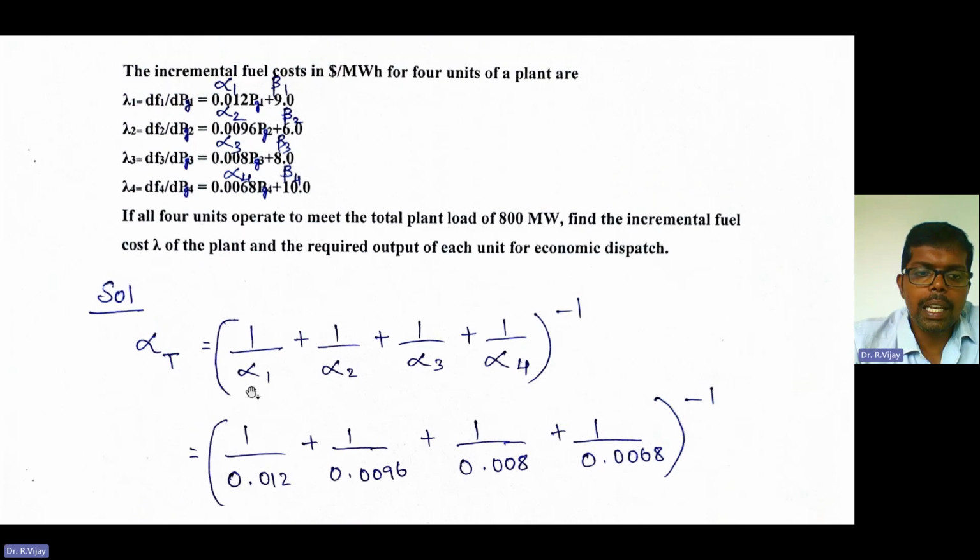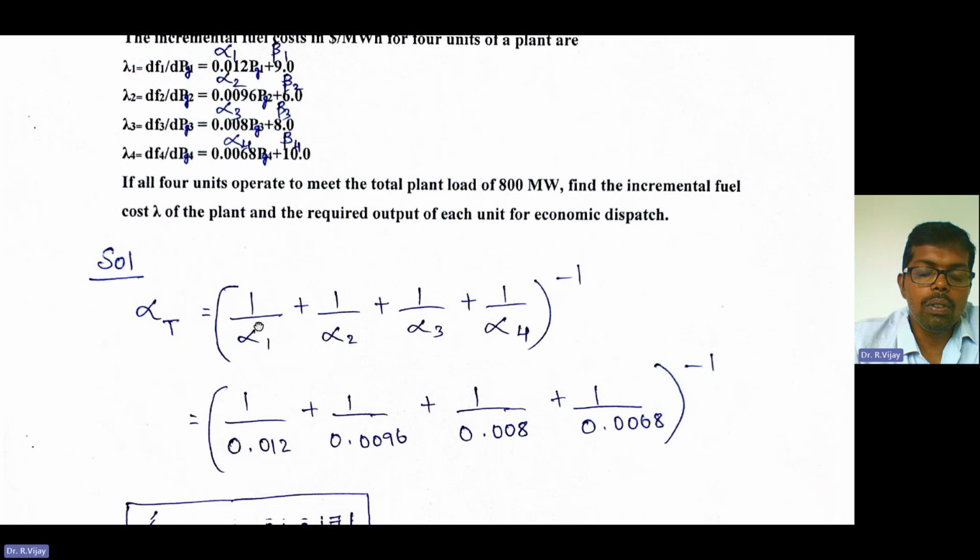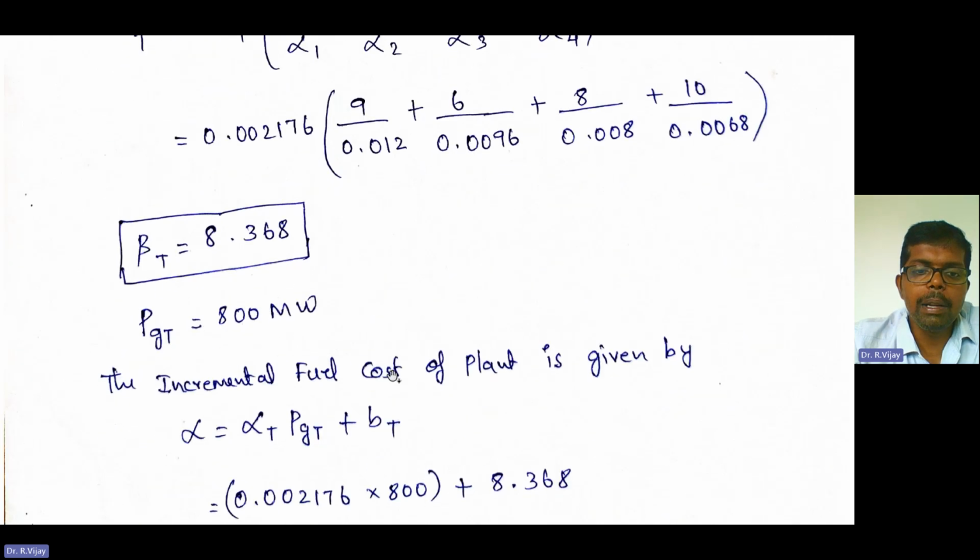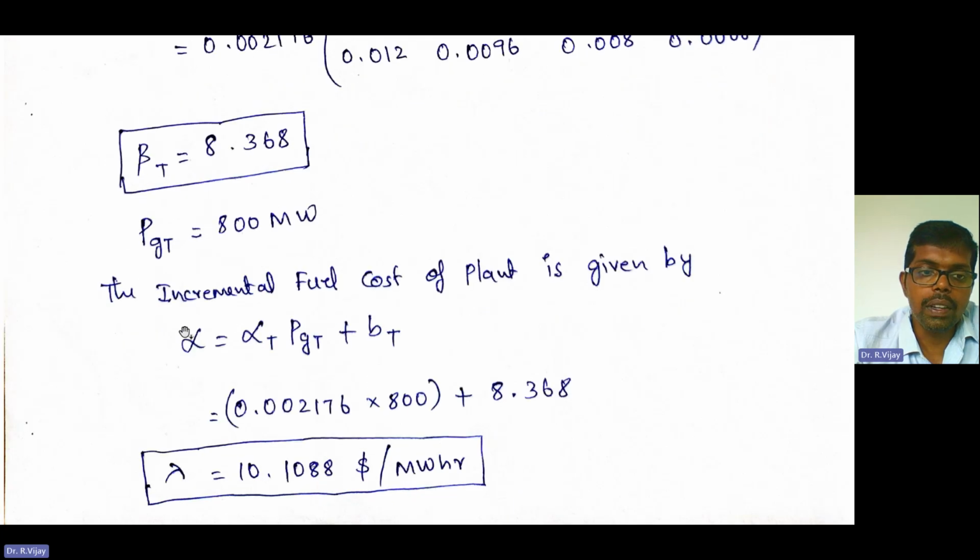This is the general format: the incremental fuel cost of the plant is given by lambda is equal to alpha t into PGT plus beta t. Sorry, this is lambda, not alpha, and this is not B here, this is beta t. So first you need to calculate alpha t and beta t.